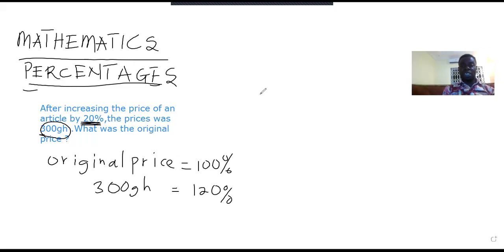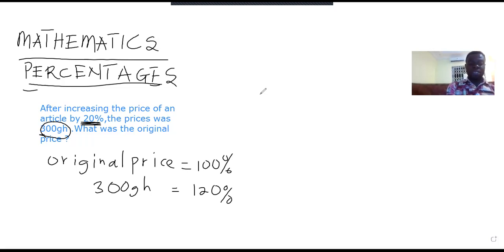Now, under percentage increase, take note, the original price, the original quantity, the original population will be less than the new price. Under percentage increase, we are comparing 100% to 120%, okay? 100% will give us less. So if less, more divides.